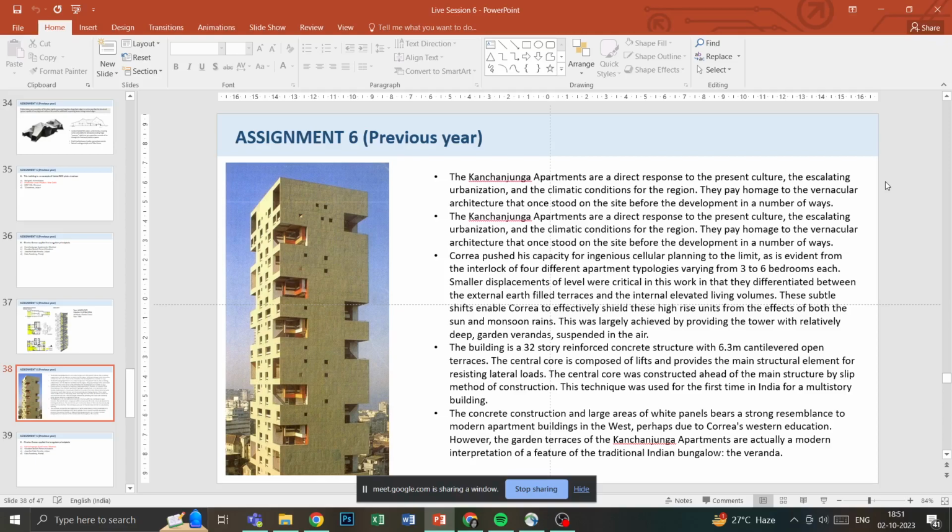So one of the most important and one of the most famous features of Kanchenjunga Apartments was the huge terraces that this apartment had.